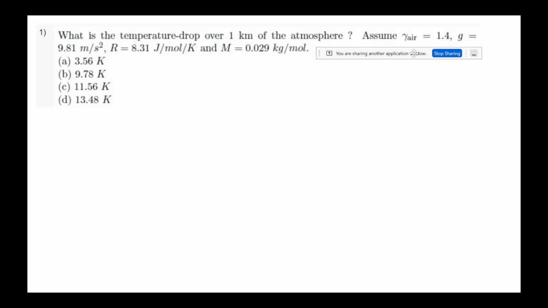Since we have to find the temperature drop, if we get the temperature change gradient, the temperature change per meter, then we will multiply that quantity with 1 kilometer and we will get the overall temperature drop.